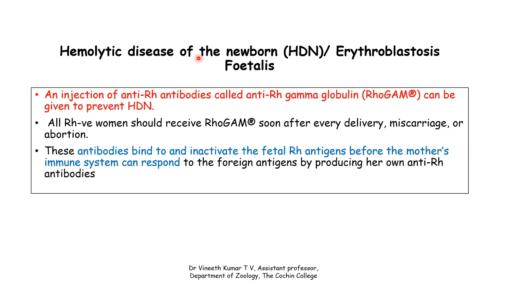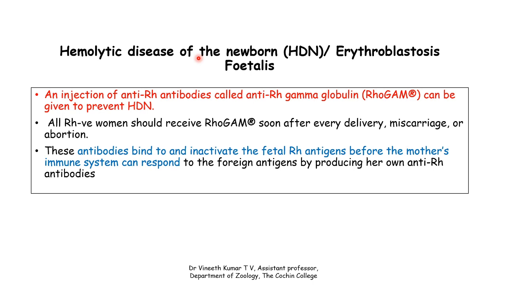Soon after the delivery it is usually given so that the second baby or the second fetus is not affected. These antibodies bind and inactivate the fetal antigens, because it is the fetal antigens that are going to trigger the mother's immune system.